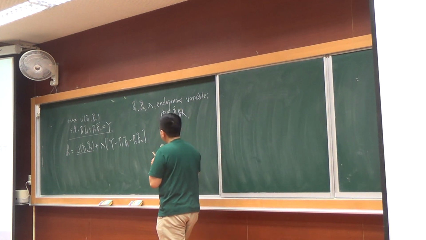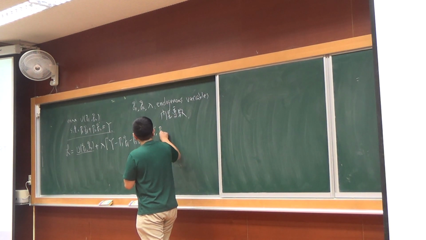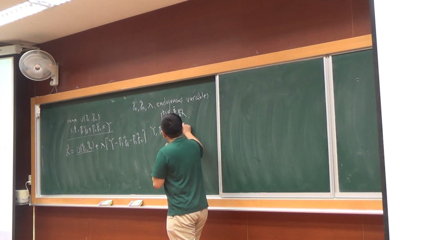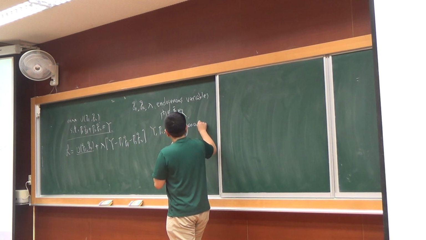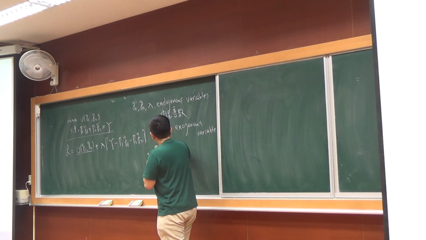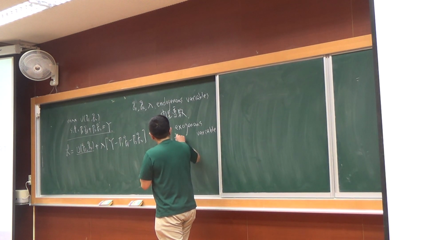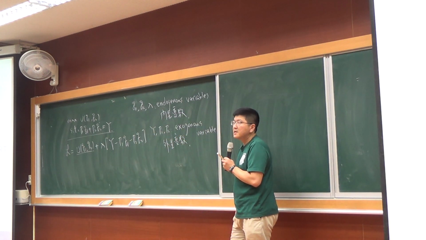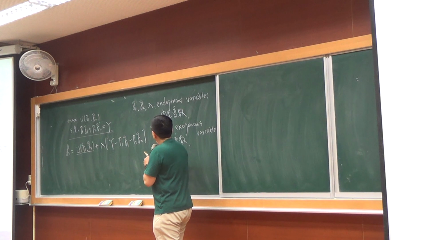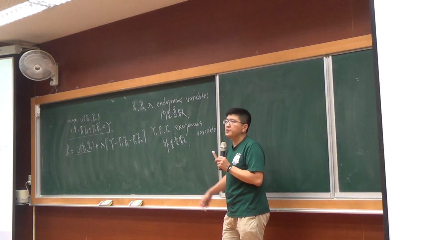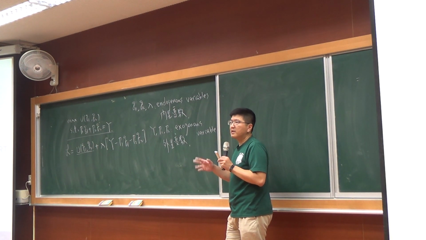And y, p1, p2 are what we call exogenous variables, 外生变数 in Chinese. The reason we call these three variables exogenous is because they are external to the model. That is something we cannot decide.